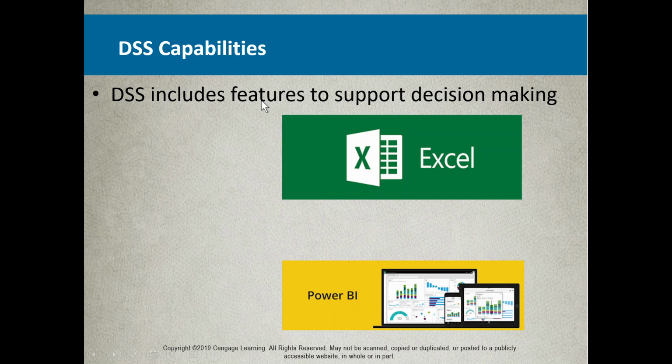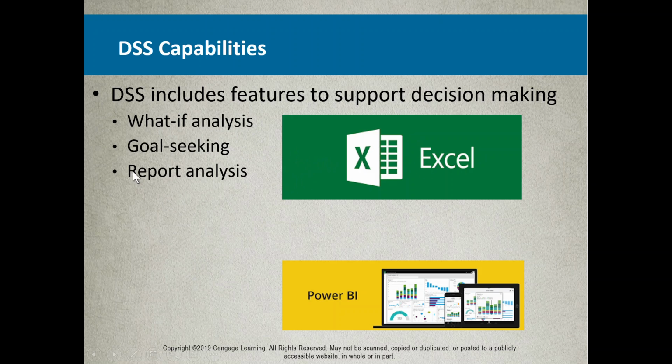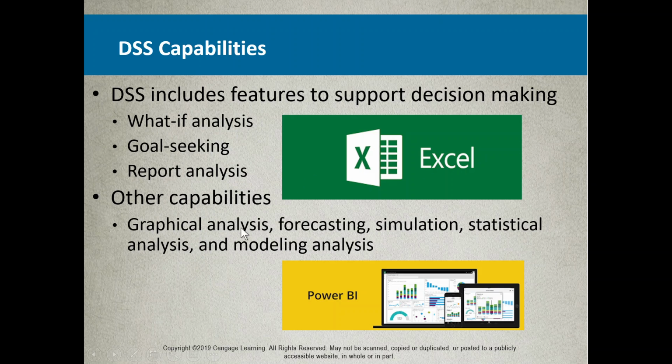So DSS includes features to support decision making, specifically like what-if analysis. So what if these numbers come in? What should we do? Goal seeking. Well, we have a goal. We want to seek and find the answer. All of those can be done using Excel. Report analysis. Other capabilities of graphical analysis, forecasting, simulation, etc., as you can read here, are even more amplified by Power BI.